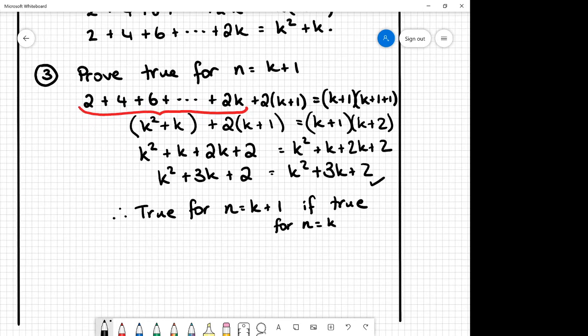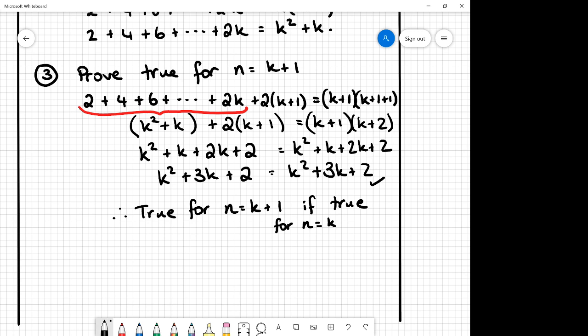And finally, what we need to understand ourselves here is that since it was true for 1, and we've proved that if it's true for a certain number, it's true for a number that's 1 bigger than it, that means it has to be true for 2 as well. And since it was true for 2, that means it's also true for 3. And since it's true for 3, it'll be true for 4. Because it's true for 4, it'll be true for 5. Because it's true for 5, it'll be true for 6.